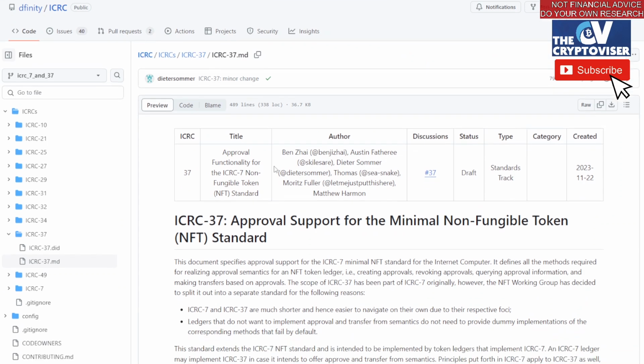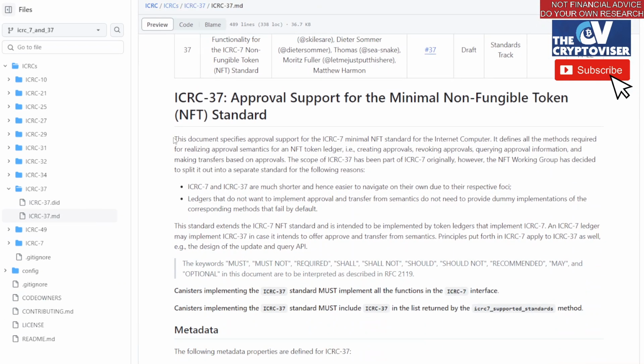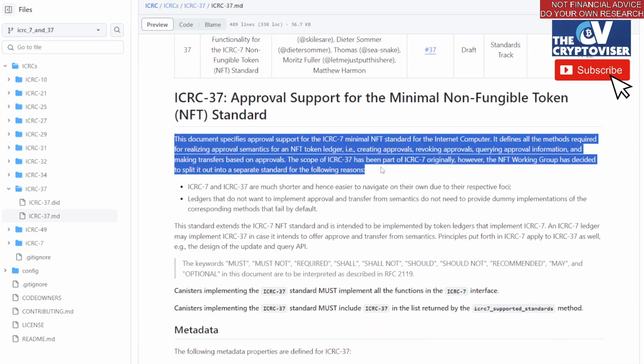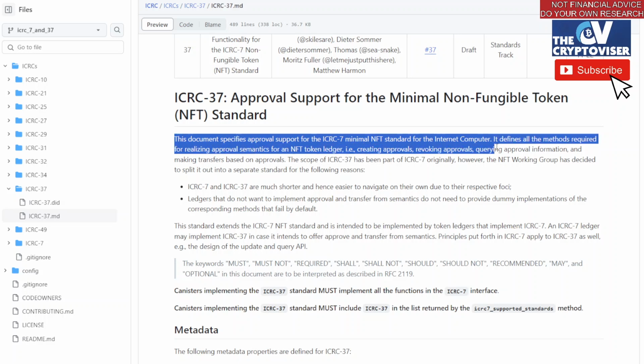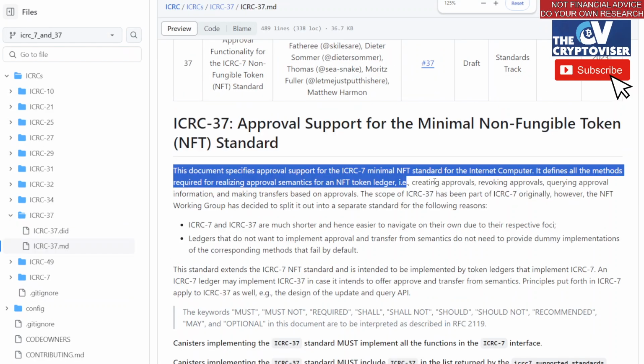And so proposal 37, this document specifies approval support for the proposal 7 minimum NFT standard for the Internet Computer. It defines all methods required for realizing approval semantics for an NFT token ledger. For example, creating approvals, revoking approvals, querying approval information, and making transfers based on approvals.